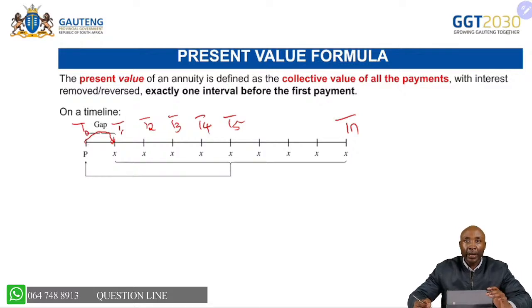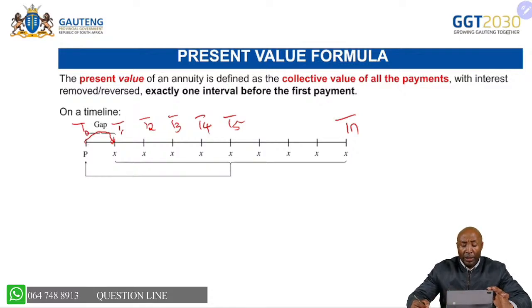You are paying back what you received now over a period of time. That's present value. And please note, if our interest is compounded quarterly, it means between the time the loan is awarded and the first payment, there should be a gap of a quarter.